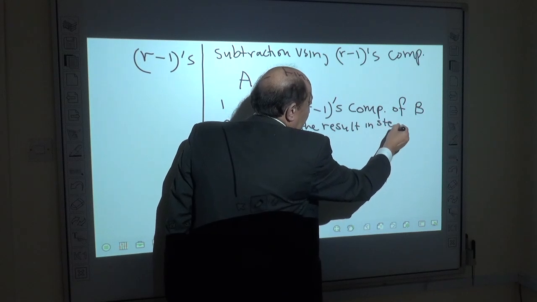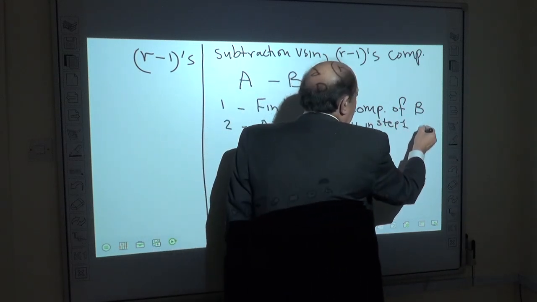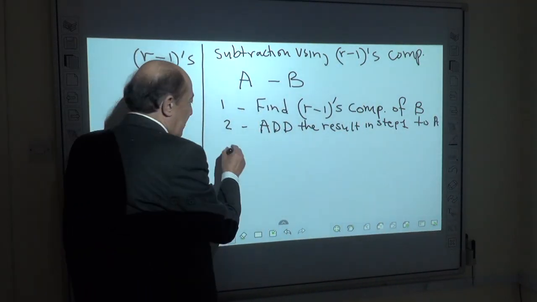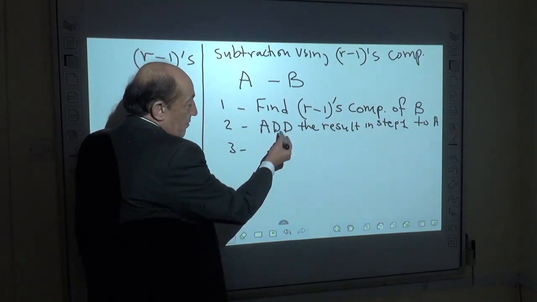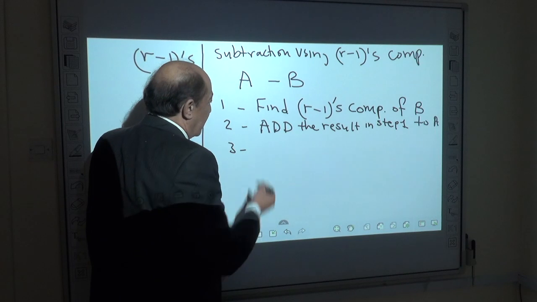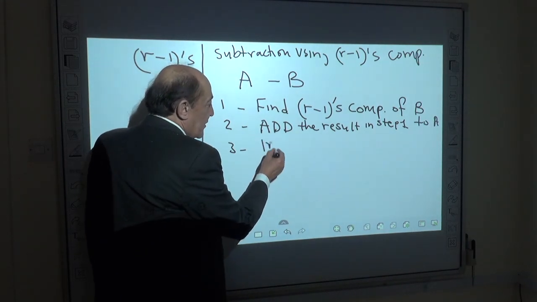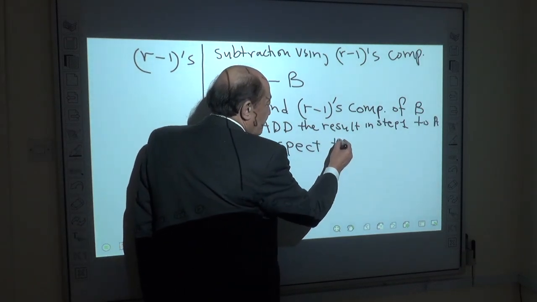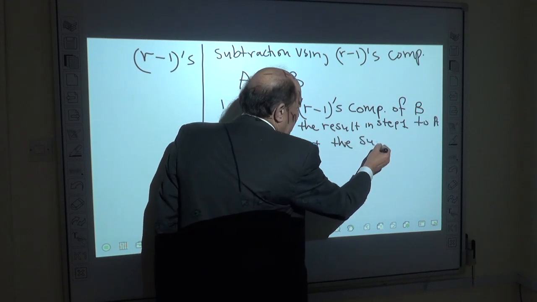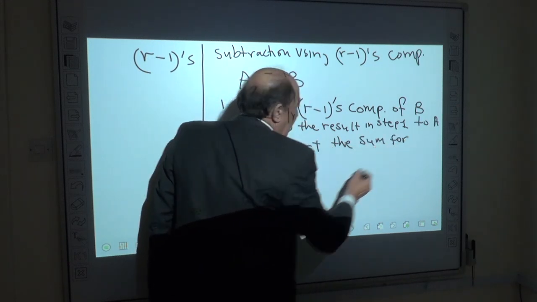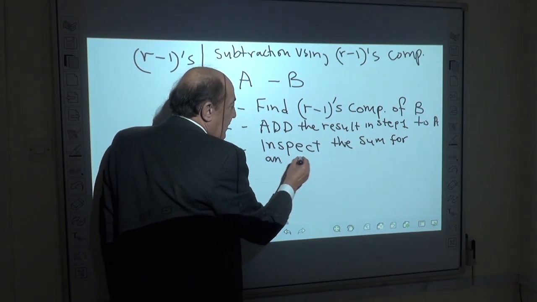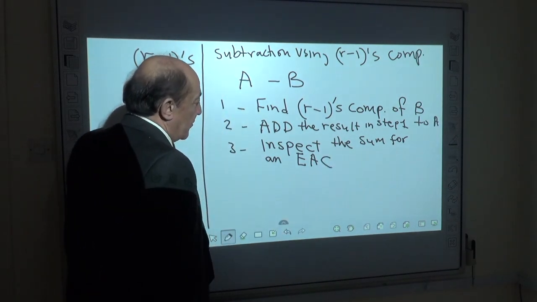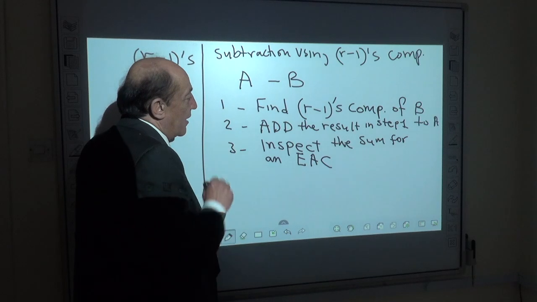Third step, we have a sum here. After step 2, we inspect the sum for an end around carry, for a carry from the last stage.